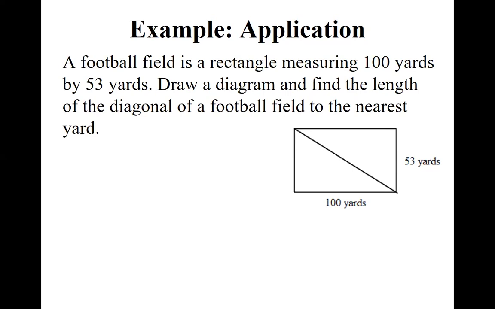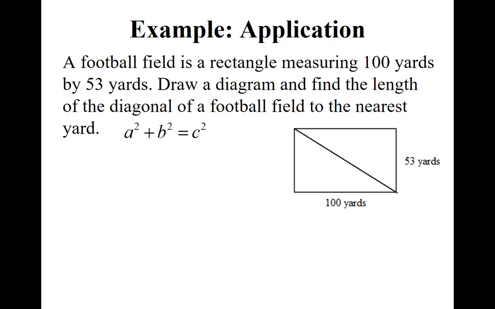The diagonal is what we're looking for. Well, we have a right triangle. We have 2 right triangles, both with the same hypotenuse. That hypotenuse is the diagonal we're looking for.